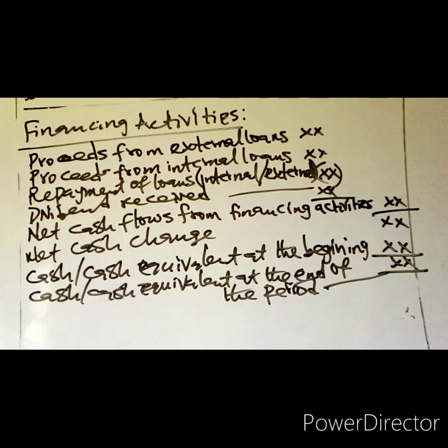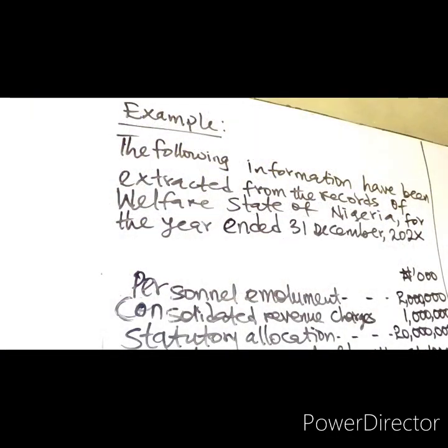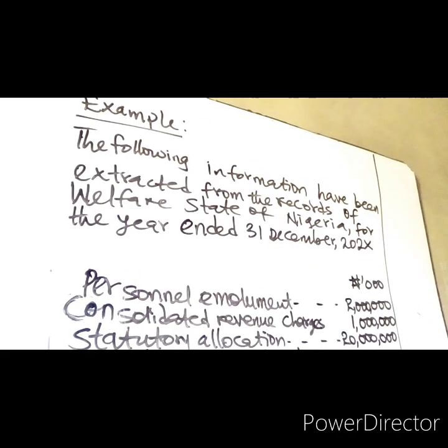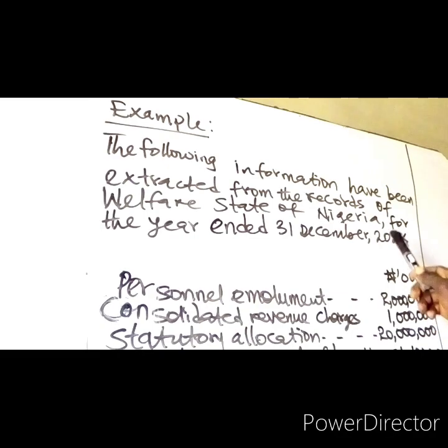This worked example shall be obtained from the study text of the Institute of Chartered Accountants of Nigeria. Example: the following information have been extracted from the records of Welfare State of Nigeria for the year ended 31 December 22x.